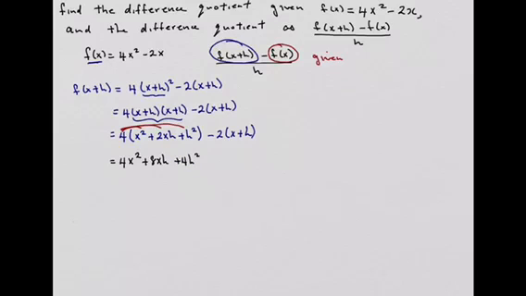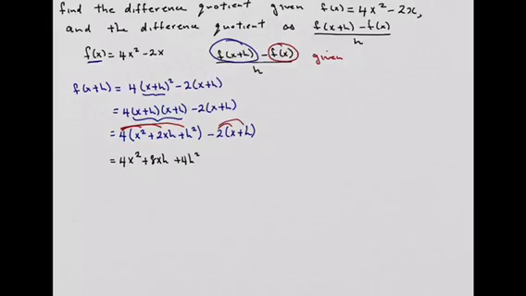And if we distribute the same thing, the negative 2 here, that will give us minus 2x minus 2h. So now we can write our x plus h. So this is our f of x plus h.